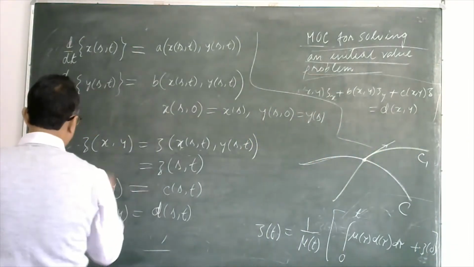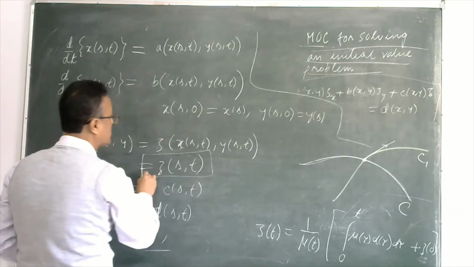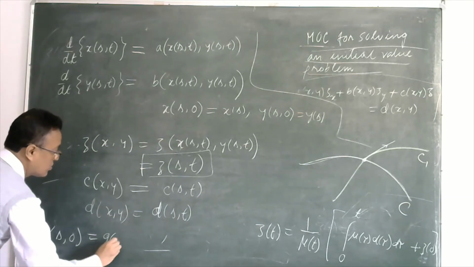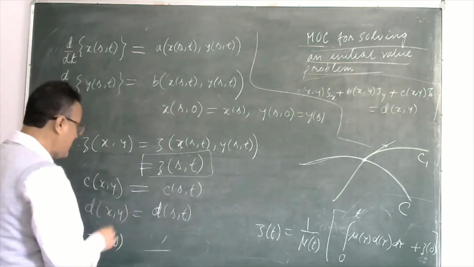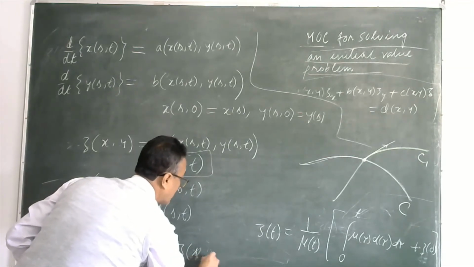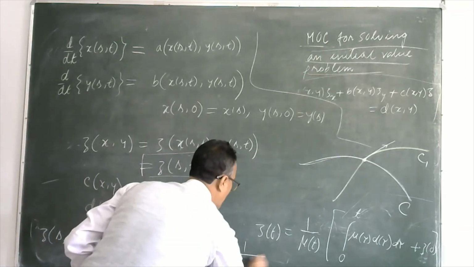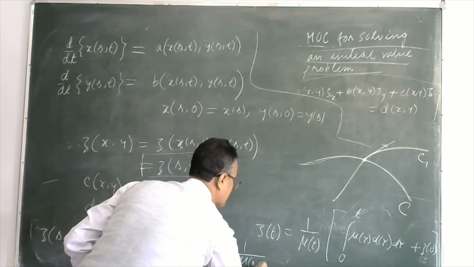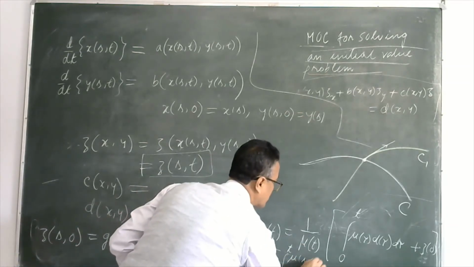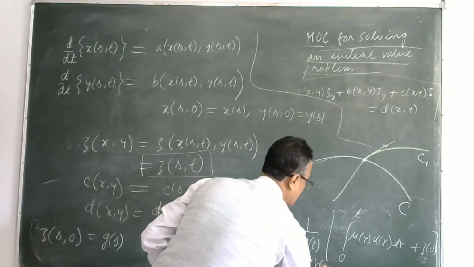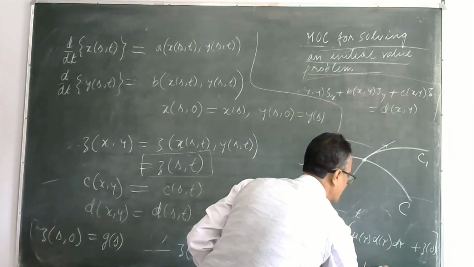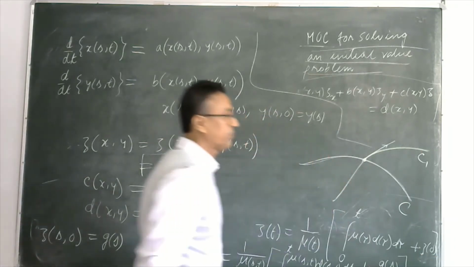So now, if I assume that for this function J, the initial condition was given by J(s,0) equal to g(s), then I can solve for J as a function of s and t from this. Now I can consider mu as a function of s and t, and then this will simply be the integral from 0 to t of mu(s,t) d(s,t) dt, and instead of J0, this is simply going to be g(s).